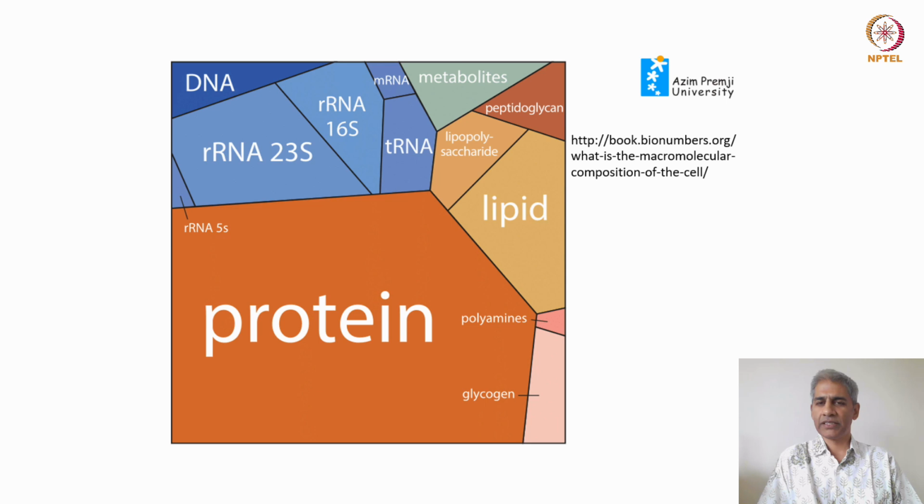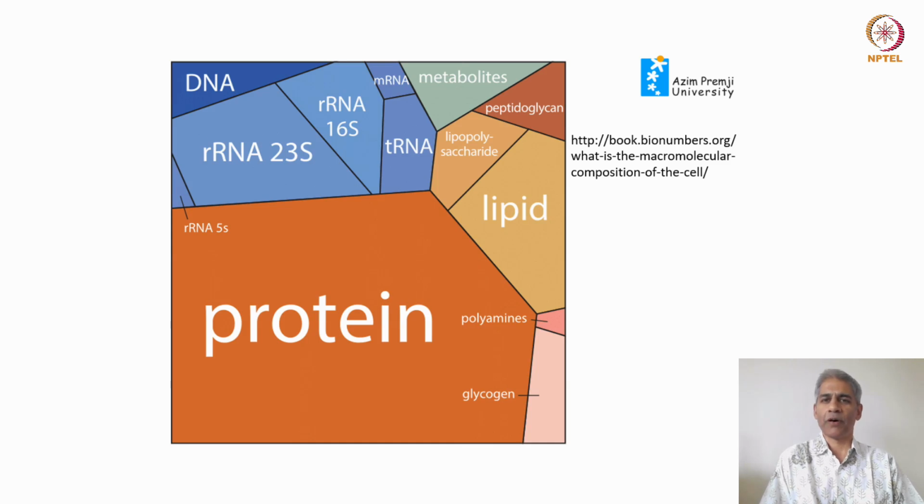Then you have lipids, which are again a major component of the cell. Then you can have storage molecules like glycogen, which is a polysaccharide. And then you can have certain composite molecules, which are made up of two different kinds of molecules coming together. For instance, you have a peptidoglycan. So this means this has a polypeptide part, and then it has a polysaccharide part, which is the glycan. And they come together to form this composite molecule.